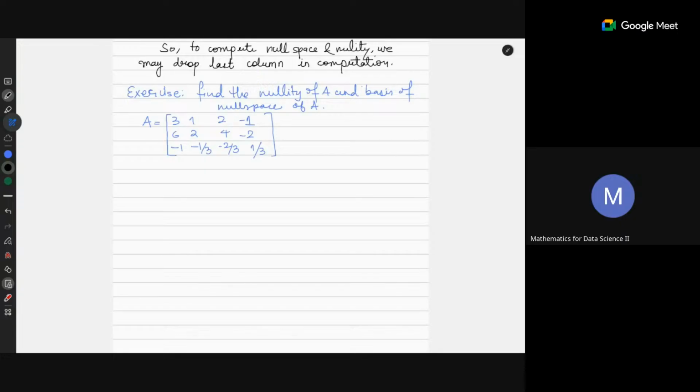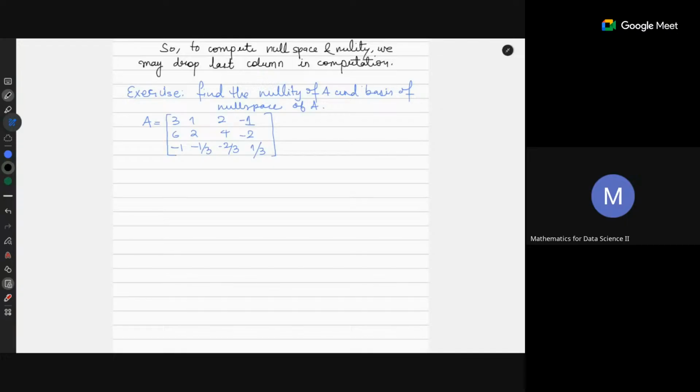But let's just think of it in terms of rank of A plus nullity of A. Nullity is the number of independent variables in the RREF form, or the dimension of null space. Rank is the dimension of row space, or the number of dependent variables in RREF.